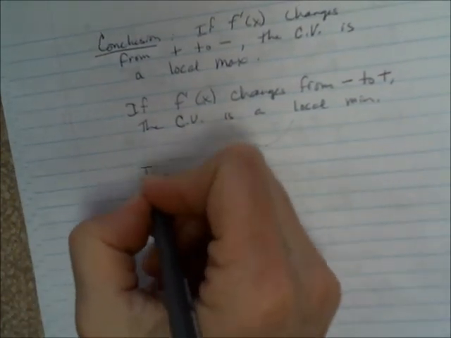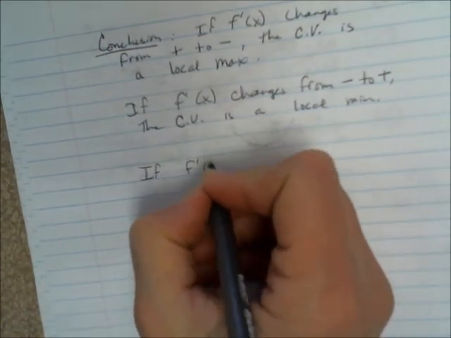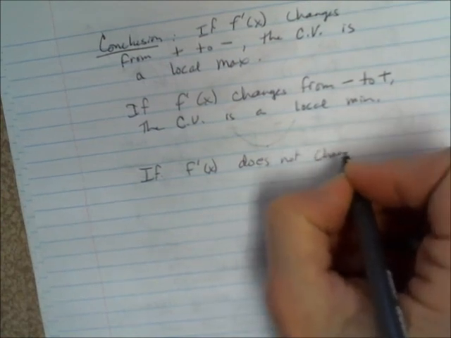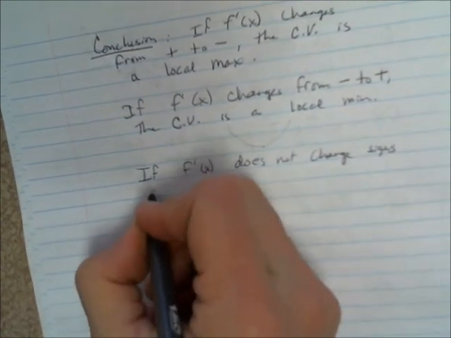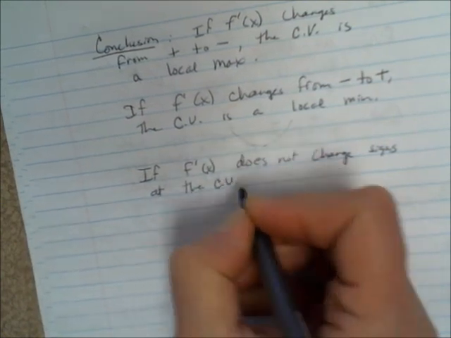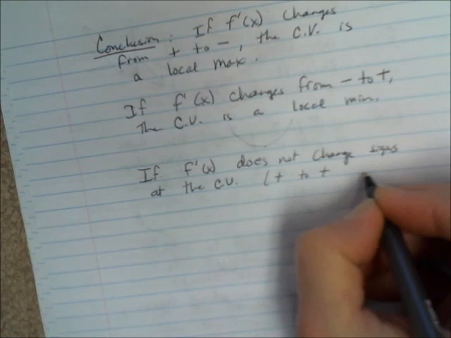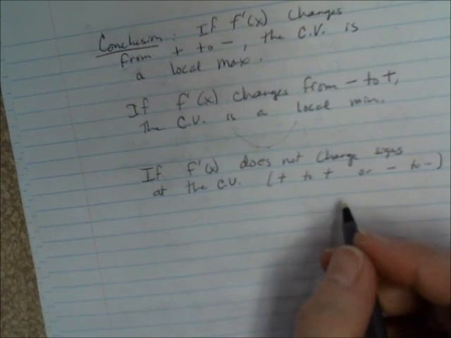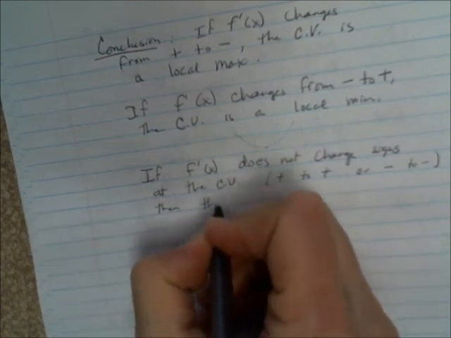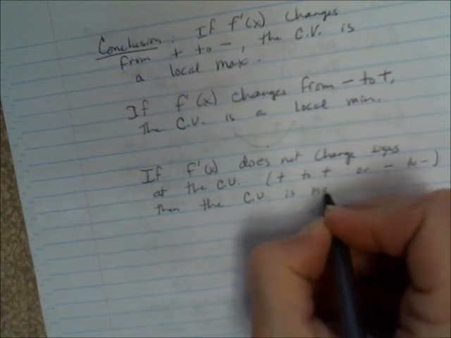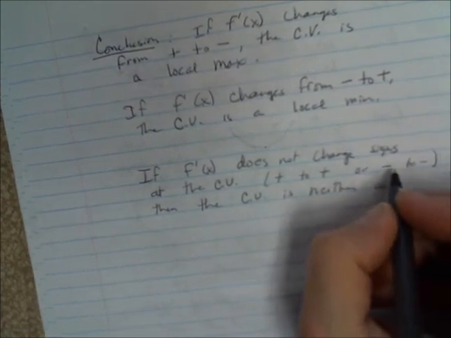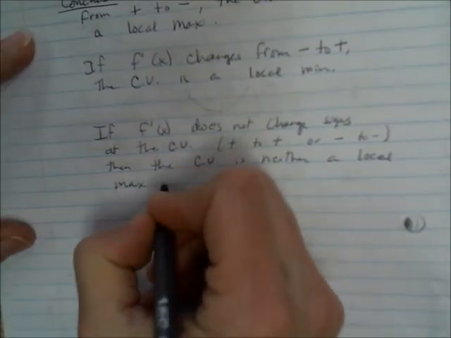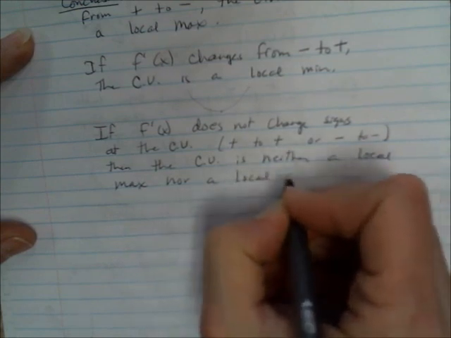And then the last conclusion, if f prime of x does not change signs at the critical value, if it goes from plus to plus or minus to minus, just like I showed you in one of those examples, then the critical value is neither a local max nor a local min.